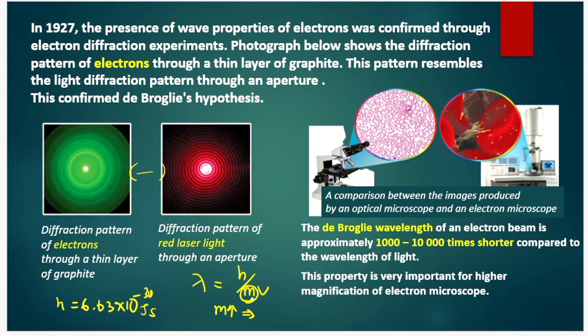That's the reason why the de Broglie hypothesis cannot be shown for larger particles, like a marble, to act like a wave. So this is just for lighter particles, like electrons, protons or neutrons.